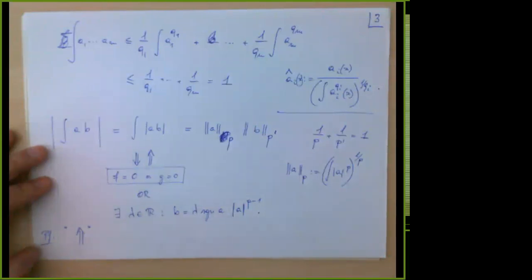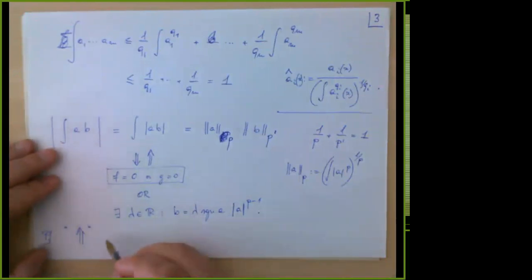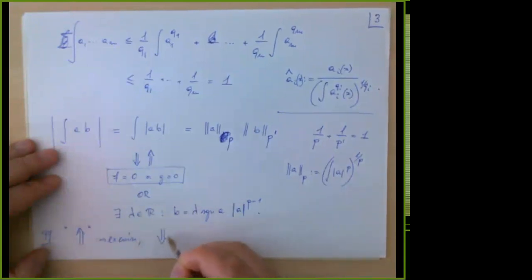Okay, so I would leave this to you as a very simple verification. So this is an exercise. Let us instead prove the necessary condition for equality, which is more interesting. The proof is more interesting.